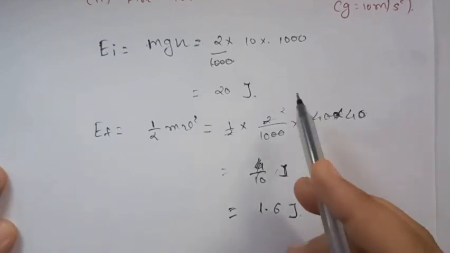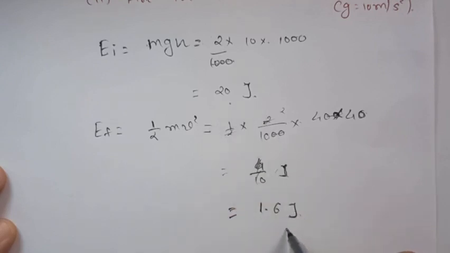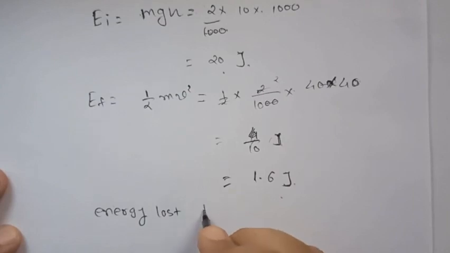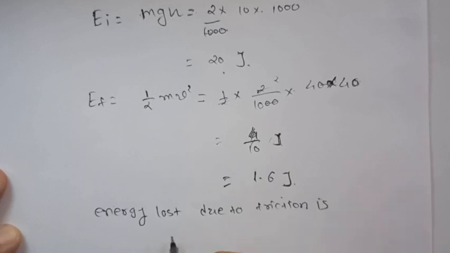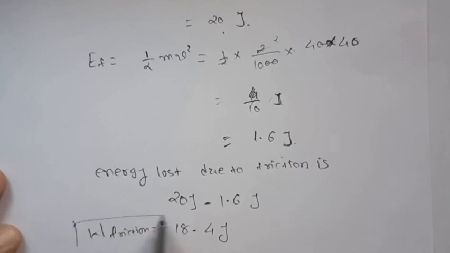Now it should have the energy of 20 joule, but it has energy of 1.6 joule. So energy lost due to friction is 20 joule minus 1.6 joule. This will give us the answer 18.4 joule. So work done by friction will be equal to 18.4 joule.